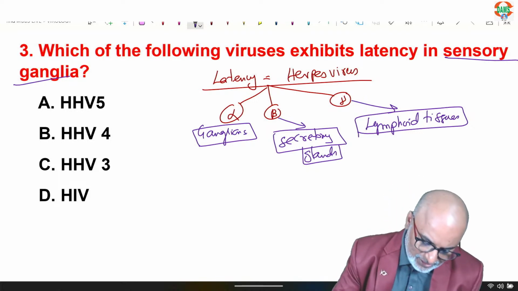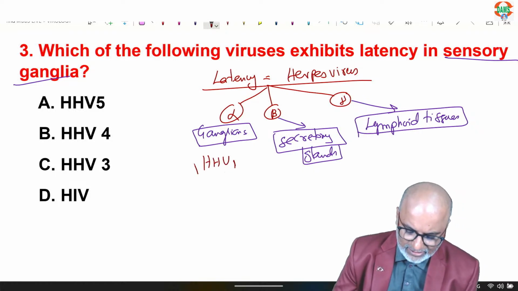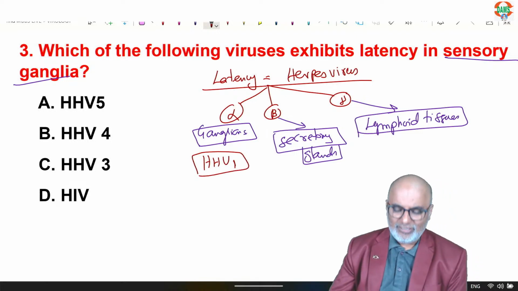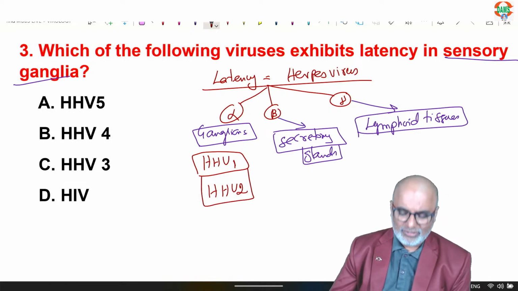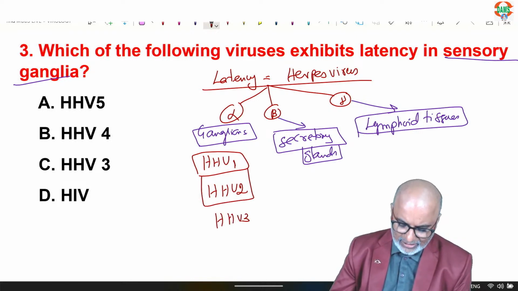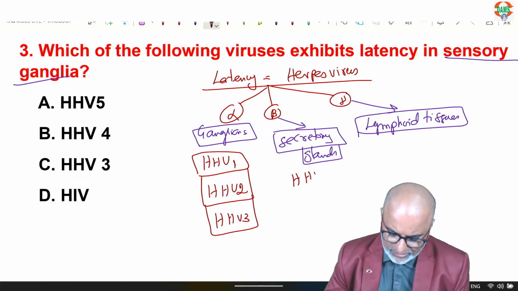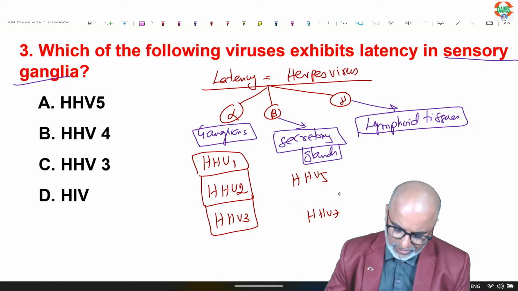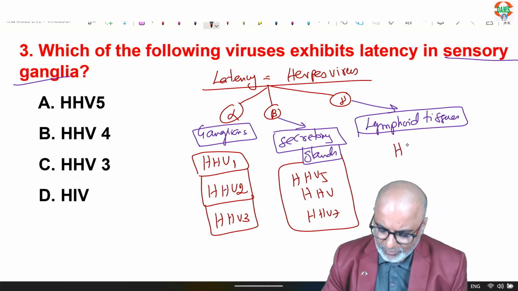Alpha ganglion, beta secretory gland, gamma lymphoid tissue. For example, human herpes virus 1 usually settles in the trigeminal ganglion, human herpes virus 2 in the sacral ganglion, and human herpes virus 3 in sensory ganglia. Secretory glands: human herpes virus 5, 6 and 7. Lymphoid tissue: human herpes virus 4 and human herpes virus 8.